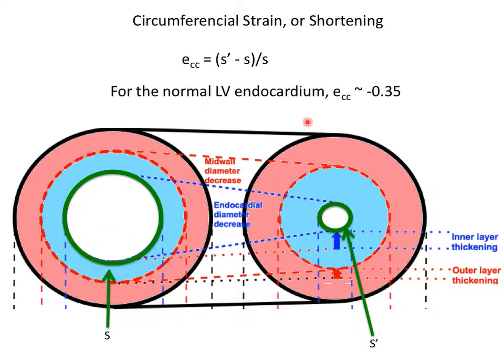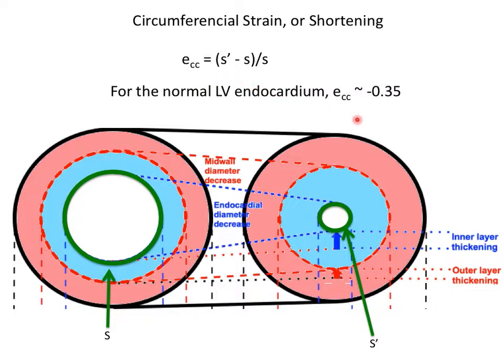The other parameter is circumferential strain. If you measure the distance of the circumference of the chamber, like the hoop distance, at end diastole when it's full, then go to end systole when it's empty and measure that circumference again, then you can get the circumferential shortening.